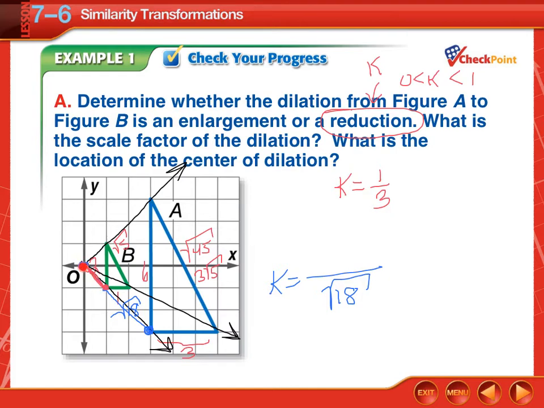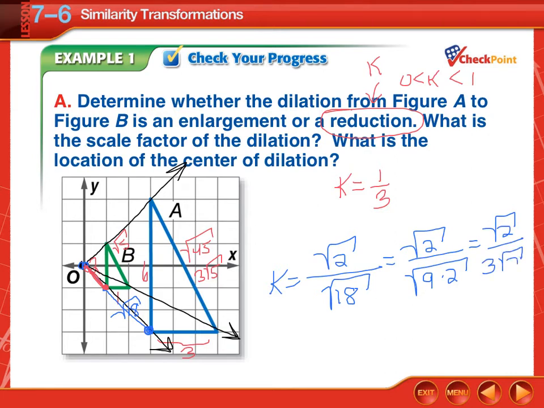So this length here would be the square root of 2. It would be in our numerator. Let's see if this reduces to 1/3. Square root of 18 is 9 times 2. So we have the square root of 2 over 3 square roots of 2. And they reduce to 1 over 3, and indeed that location is absolutely proportional to our same scale factor.